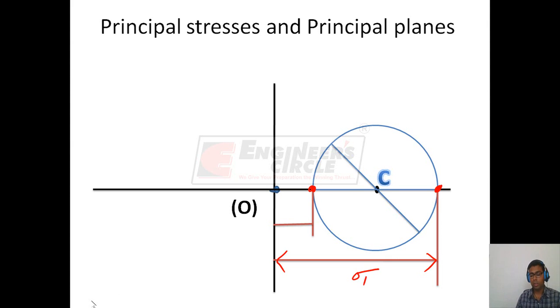Therefore, the normal stress on this plane is sigma 2. Suppose this is the vertical plane, then the angle of the principal plane from the vertical plane is this angle. This angle will be 2 theta p1, that is twice the angle theta p1. Similarly, this angle is 2 theta p2, that is the angle of principal plane 2.